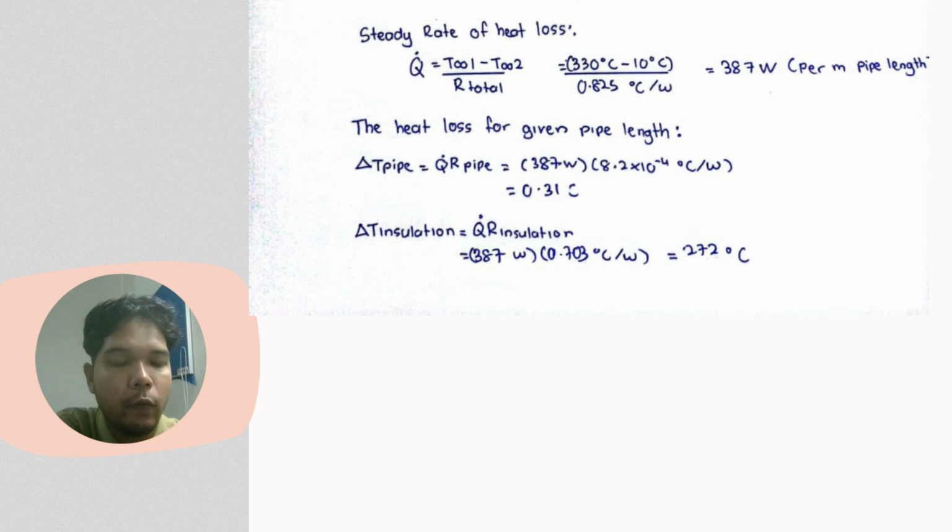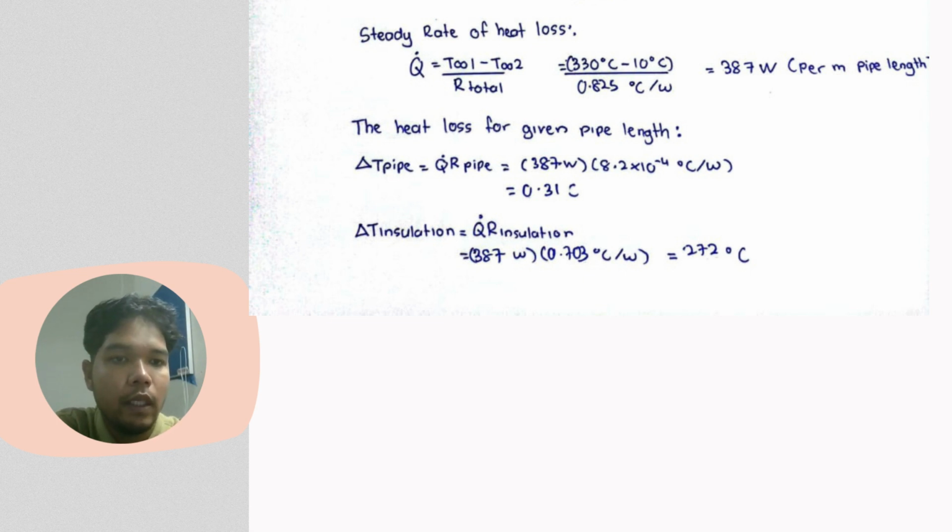Next, we are going to find the steady rate of heat loss. The formula that we are going to use is Q dot equal to T infinity 1 minus T infinity 2 over R total. So the answer is 387 watt, which means that for every 1 meter of pipe length, there are around 387 watt of heat loss.